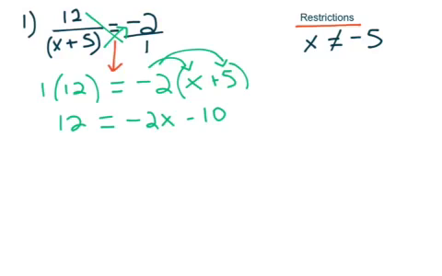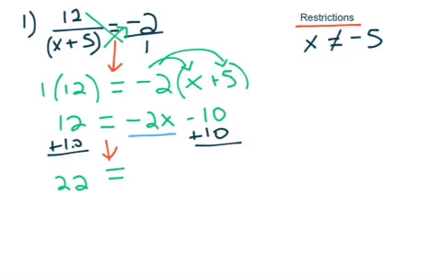Okay, at this point, I only have an x right here. So I'm going to bring my equal sign down again. And I am going to move my -10 over by adding 10 to both sides. So I get a 22 over here and a -2x here. So now I'm going to divide both sides by -2.